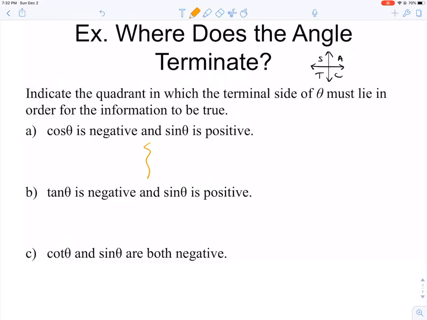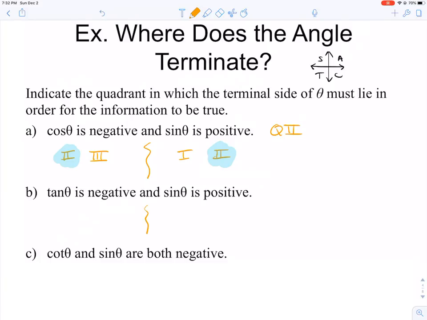So cosine is going to be negative in quadrant 2 and quadrant 3. Sine is positive in quadrant 1 and quadrant 2. So the overlap there ends up being quadrant 2. So therefore, the angle theta must terminate in quadrant 2.